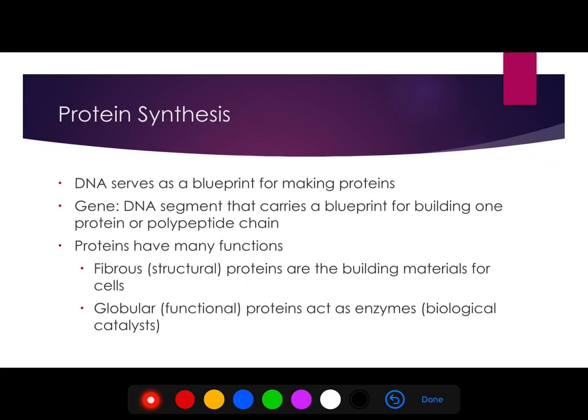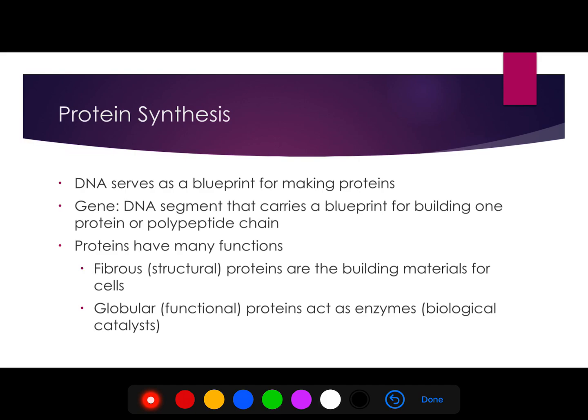So in this video, I'm going to talk about protein synthesis, which is just another term for the making of protein, or formation of protein within the cell. Now we know that ribosomes are the main organelle involved in production of protein, but the instructions for producing protein are actually found in the DNA, which we know is housed in the nucleus.